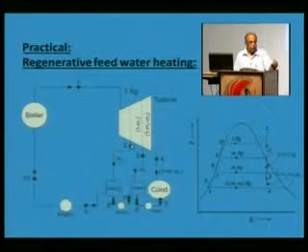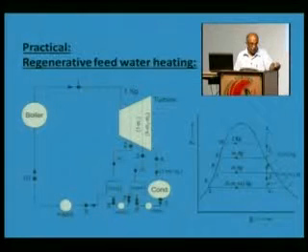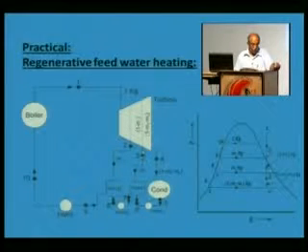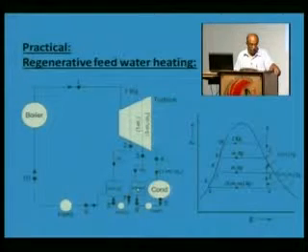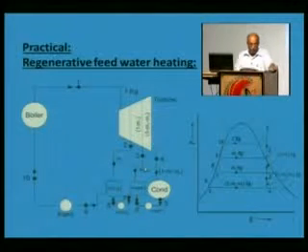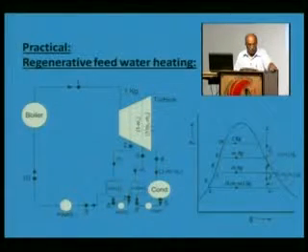At point 2, a small fraction of steam is extracted and it is sent to the feed water heater as shown here. And then the remaining steam expands from 2 to 3, again a small fraction m2 is taken out, that is used for heating the feed water in the feed water heater 1, and the remaining steam expands to the lowest pressure and then it goes to the condenser.